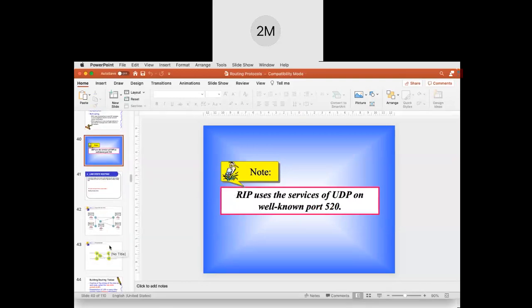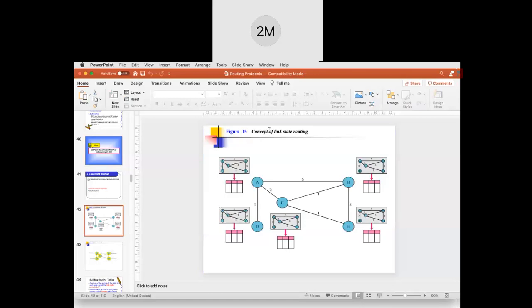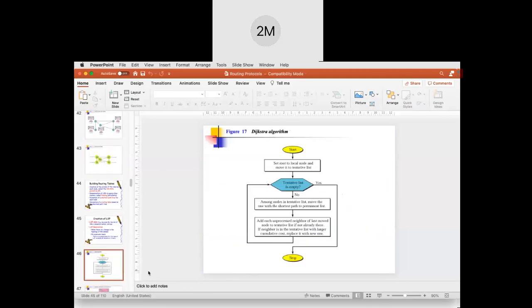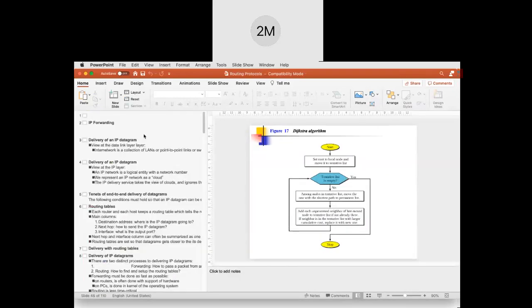Now link state routing, finishing is not possible within this time. Just what you can see is the figure so that you can understand this. This algorithm is well known, that you can do on your own.